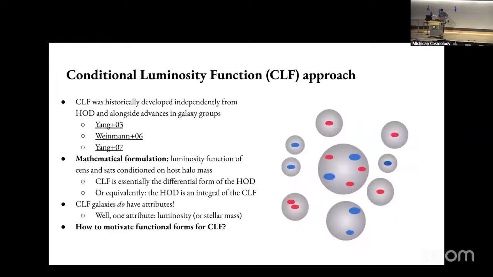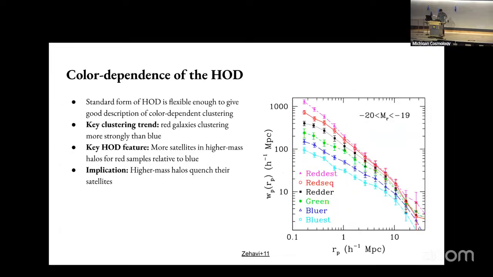Great. Okay, so this is the HOD. And maybe one feature I want to remind you of is that in the HOD, the galaxies have no attributes. So imagine what you would do, in a simulation-based implementation of the HOD, in order to make a universe with the HOD: you would take a host halo catalog.